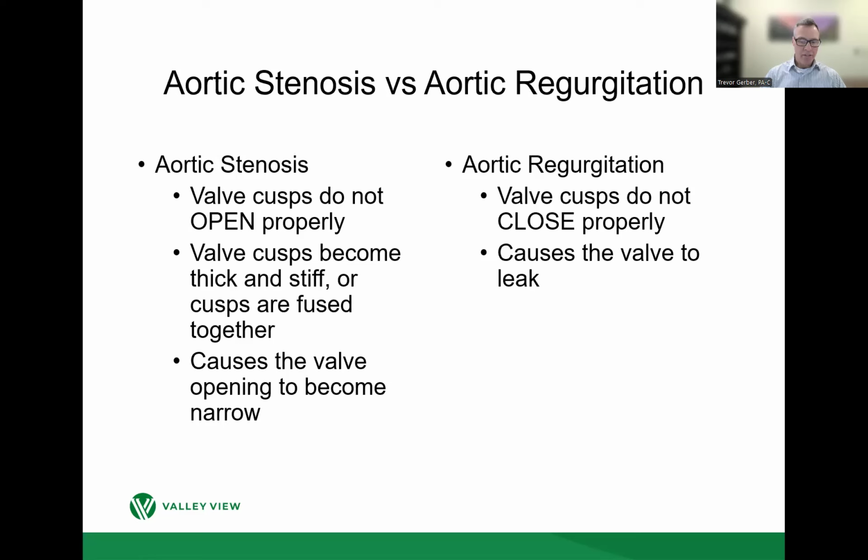This causes the valve opening to become narrow, and this narrowed aortic valve reduces blood flow from the heart to the rest of the body. In aortic regurgitation, the valve cusps do not close properly. This causes the valve to leak, with blood flowing backward into the left ventricle instead of toward the rest of your body.